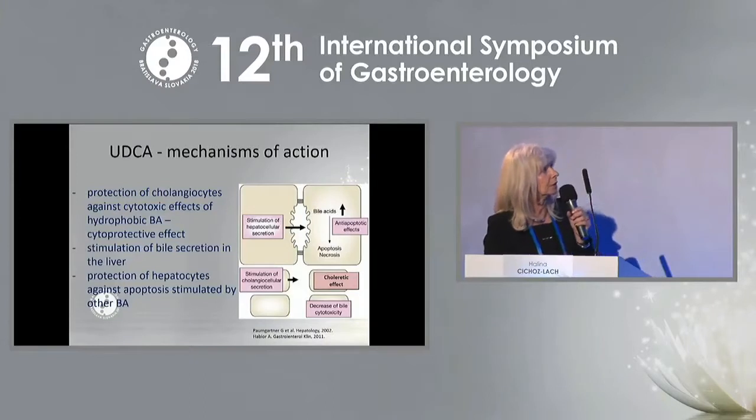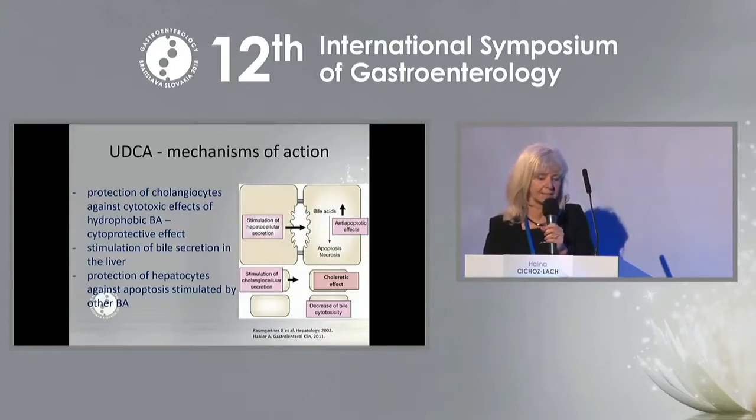From the long list of potential mechanisms of activity of UDCA, there are three best documented ones. They include protection of cholangiocytes against the toxic effect of hydrophobic bile acids, stimulation of bile secretion in the liver, and protection of hepatocytes against apoptosis, which is stimulated by other bile acids.